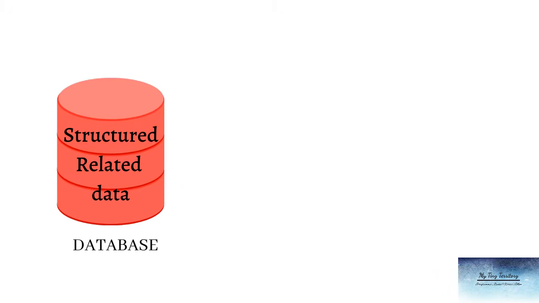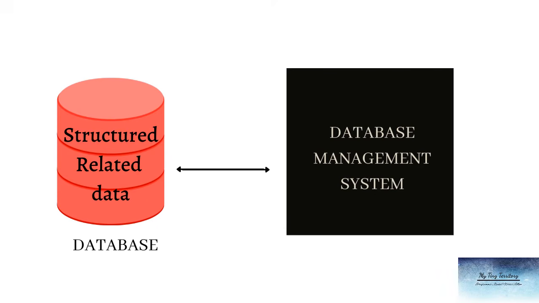So we need to store the data in a structured format and the data has to be related to one another. So for this kind of data storage, we need a database management system that can manage the data and store, update and retrieve it in the related format.